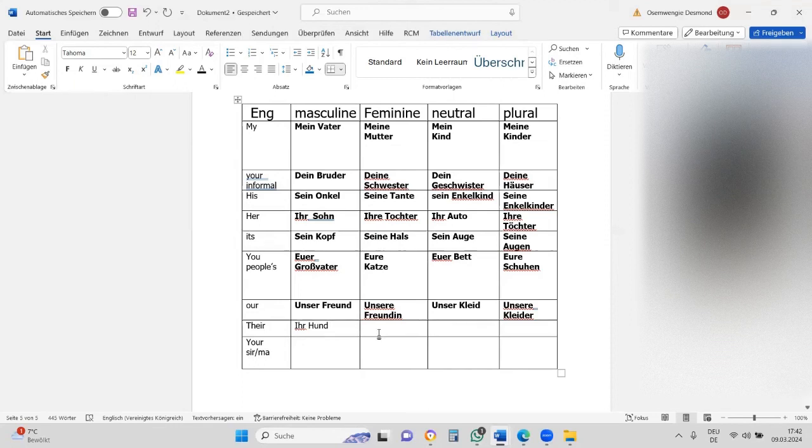Ihr Hund. And if what the person possesses is feminine, we say what? Ihre Hündin. Hündin means a female dog, that's a bitch. Ihr Hund, ihre Hündin. Let's assume that what they possess is now neutral. So what? Ihr Haus. I'll just make it something easier. Ihr Haus. It's what? Their house.